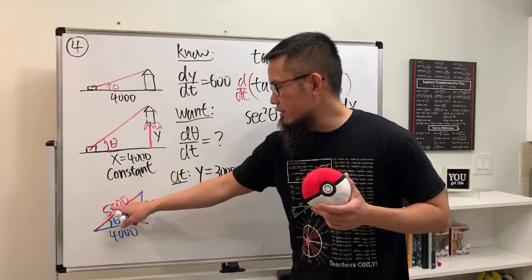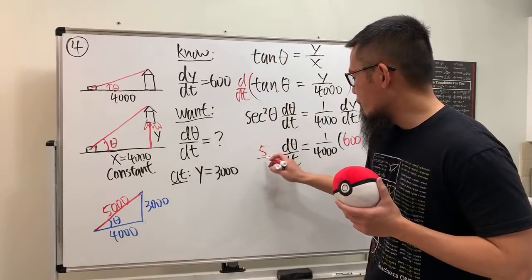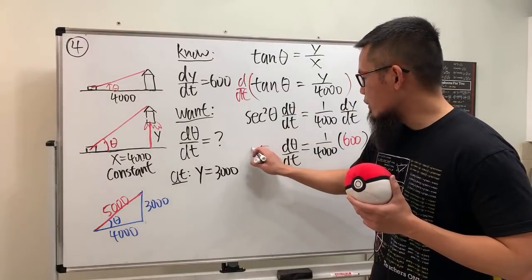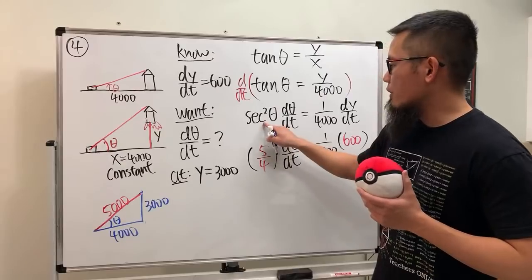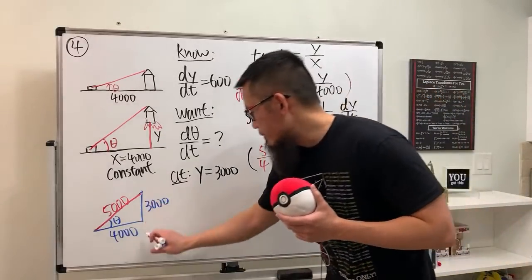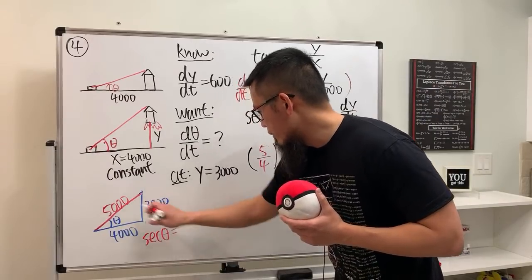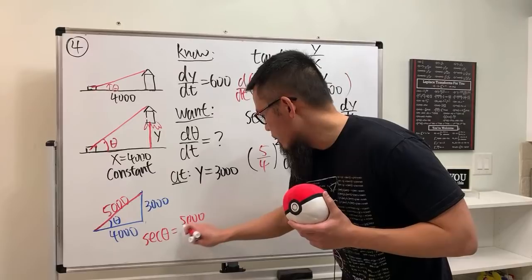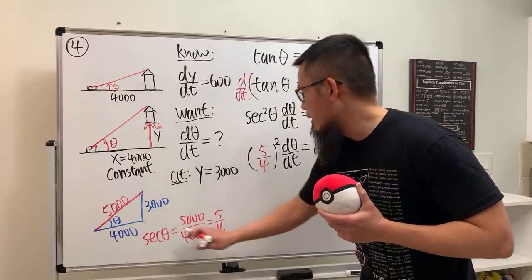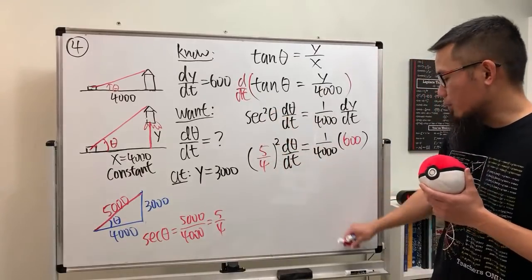And technically it's just 5 over 4. So we are going to write down 5 over 4. But don't forget we are going to square this. By looking at this triangle, secant theta is equal to 5,000 over 4,000, which is 5 over 4. And the square tells you to square that number. So that's how we got that.